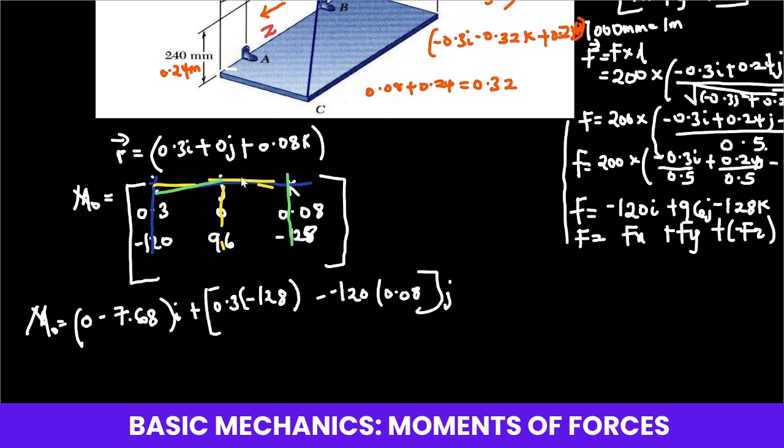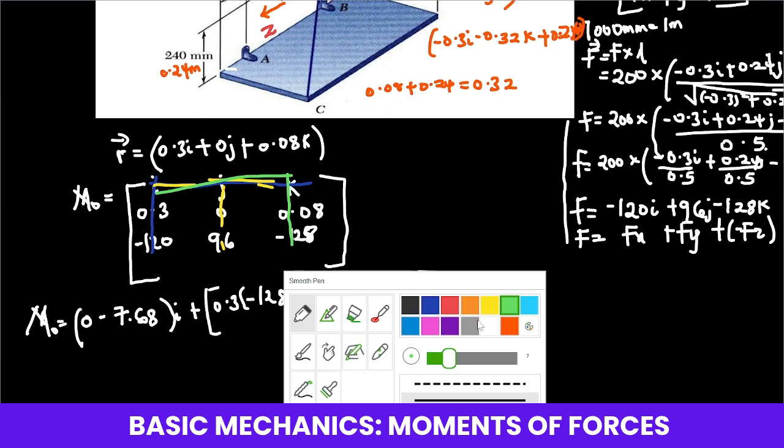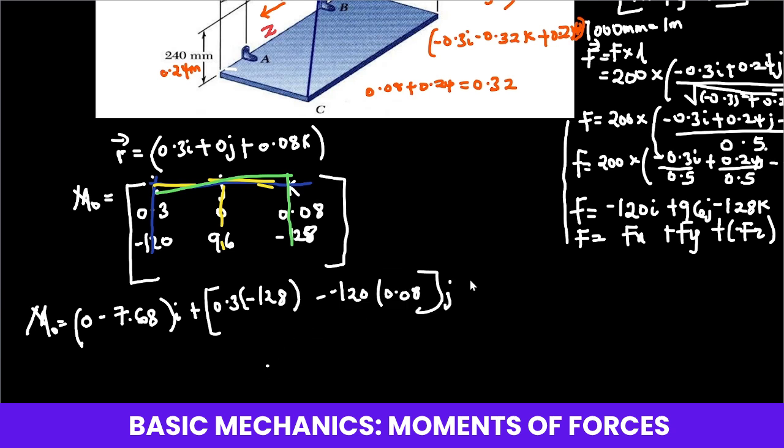So this and this will also go away. So we can say that now our K here is going to be 0.3 multiplied by 96, then minus 120 multiplied by 0 here as well.